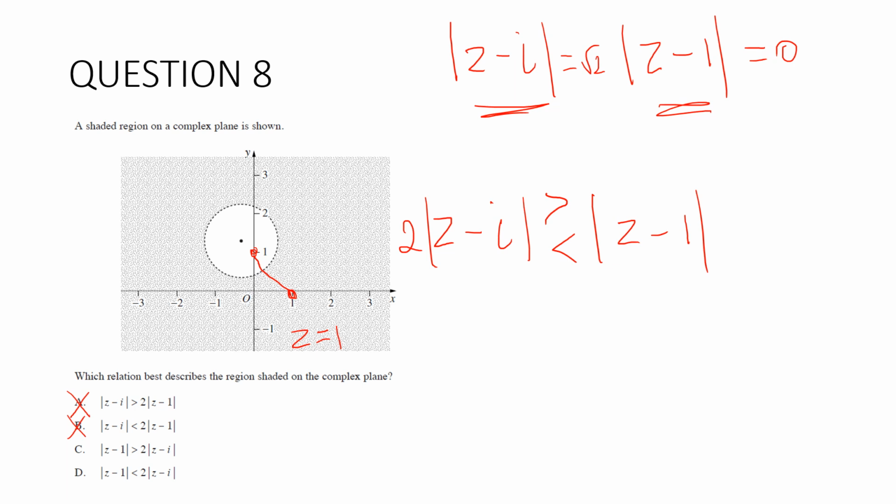All right, 2 lots of root 2 is 2 root 2. And the distance that z is from 1 is 0. Here's my question. Is 2 root 2 greater than or less than 0? It's easy, isn't it? It's greater than 0. And that means our answer is D.